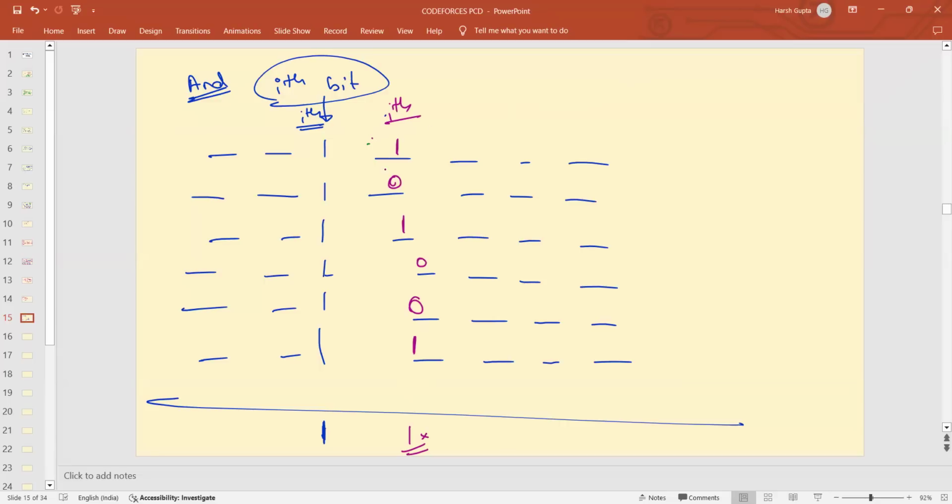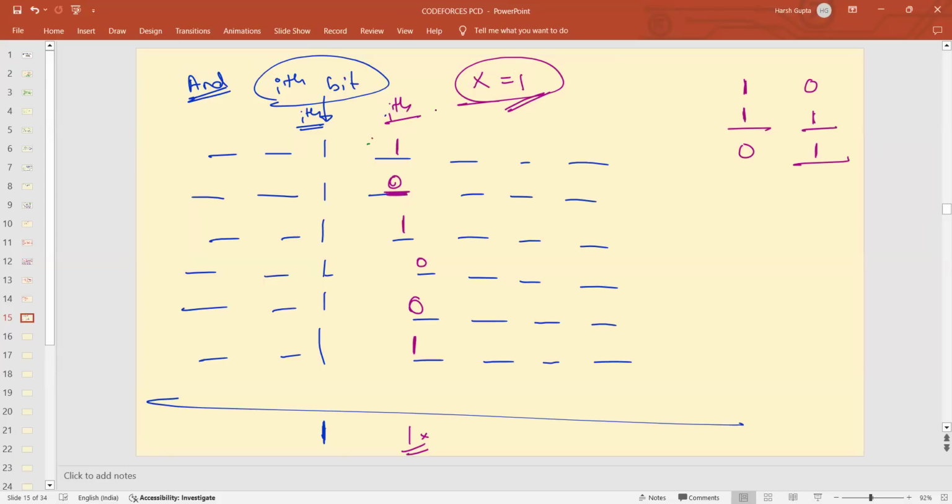But suppose for this particular bit, the value of X is 1. If the value of X is 1, we know that when doing the XOR operation, the bit gets flipped. If we XOR it with 1, the bit gets flipped. And what we need is that the numbers that have 0 at this particular bit position should be turned to 1.